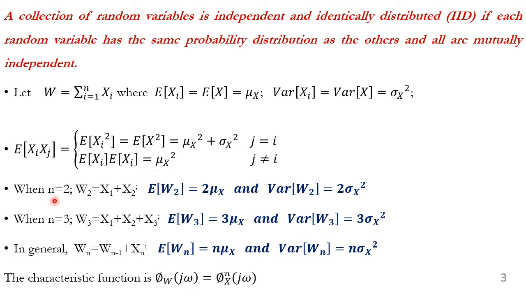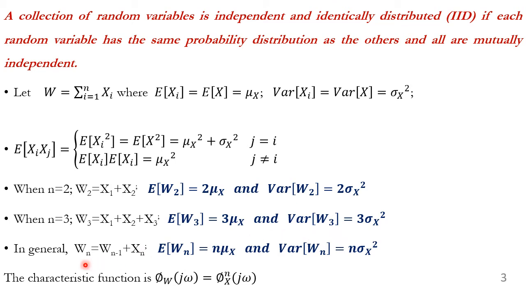When n is equal to 2, W2 can be defined as X1 plus X2, that is expectation of W2 is equal to 2 times mu x, and variance of W2 is equal to 2 times sigma x square. When n equals 3, W3 is equal to X1 plus X2 plus X3, expectation of W3 is equal to 3 times mu x, and variance of W3 is equal to 3 times sigma x square.